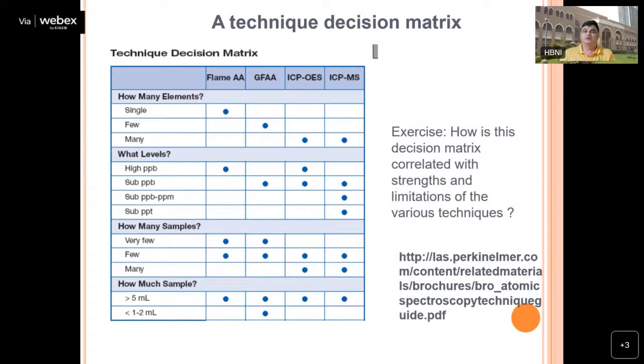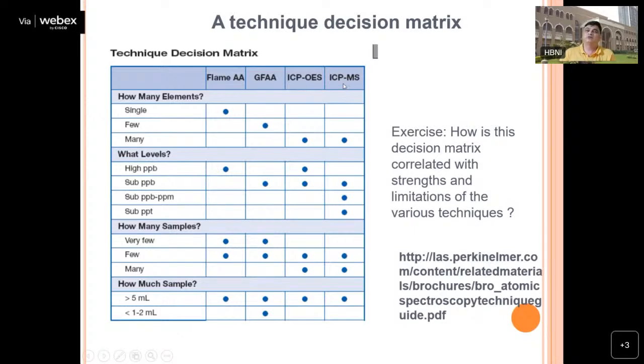With a few FAS, it depends on the element levels, sample throughput, and quantity. On the basis of these four things, one can decide which instrument is better for the analysis.